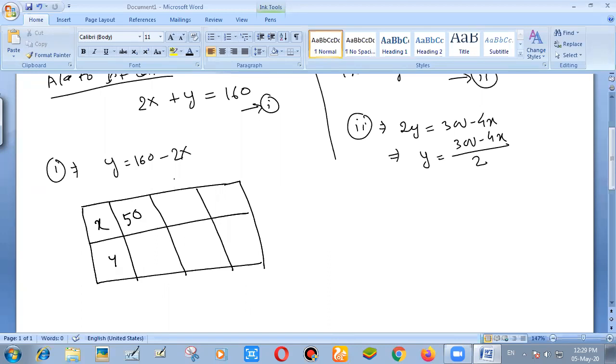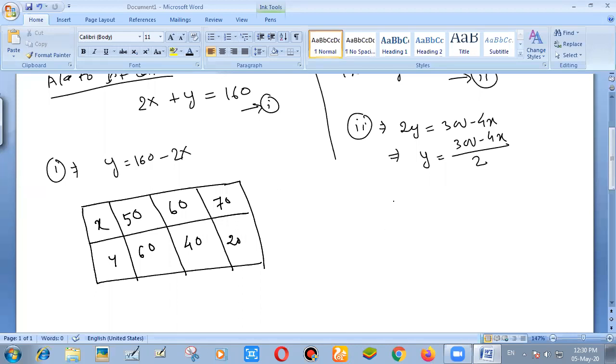If you put x equal to 60, then what will be the value of y? If you put x equal to 40, y is 60, yes, good. Then if you put x equal to 70, then what will be the value of y? 20. You can put a maximum of 3 values, okay?